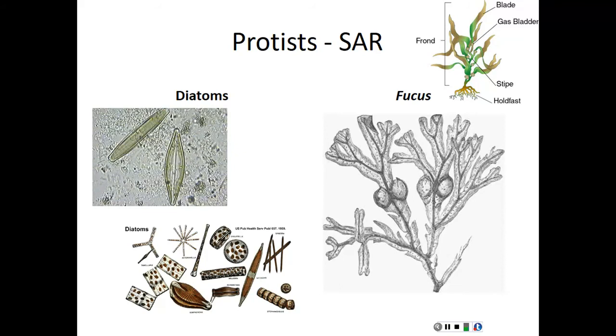So the protists also include the supergroup SAR. This is our biggest supergroup. A couple of the phyla within the supergroup SAR, we would also generally consider algae, but they're in a different supergroup, so sometimes that's a little confusing.